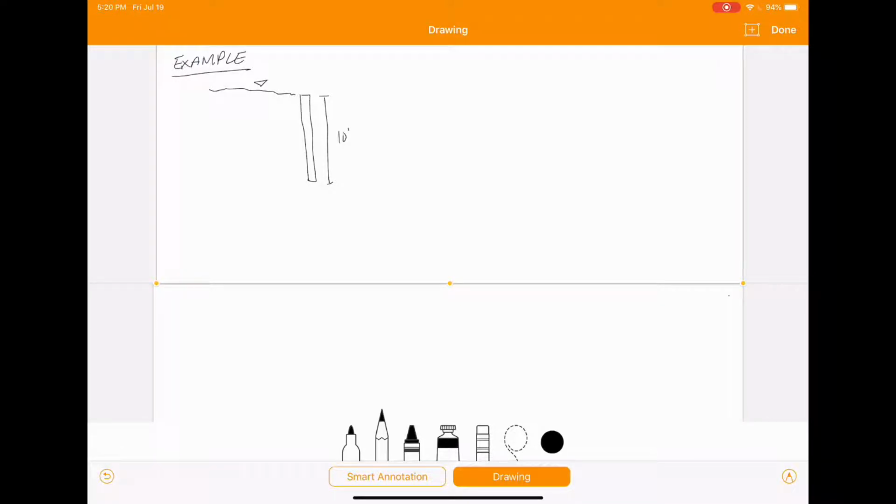We always denote water with that little triangle, just so we know where the surface of the water is. That's just typical nomenclature. Let's also define that the width of that gate is 30 feet.